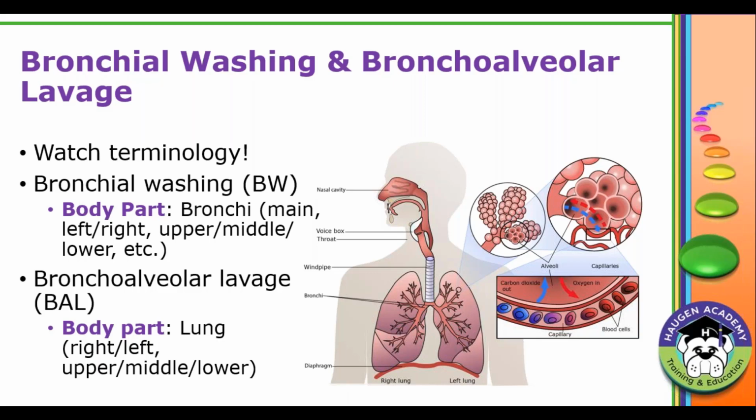And bronchoalveolar lavage is usually a higher volume of saline, and in order to accomplish that, they wedge the scope into the distal bronchus here so that they can get a sample of the cells inside the alveoli.